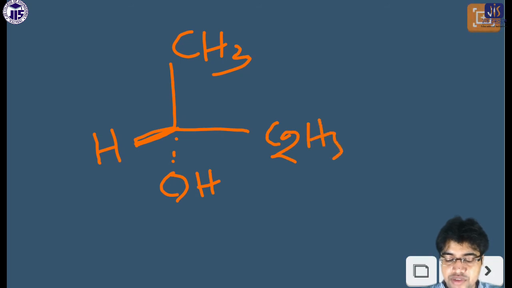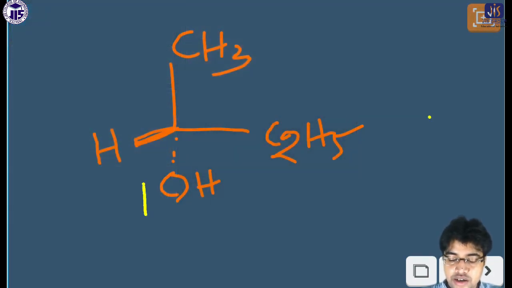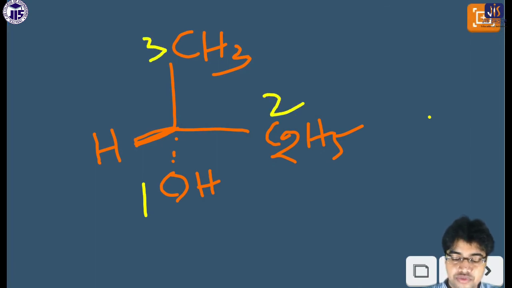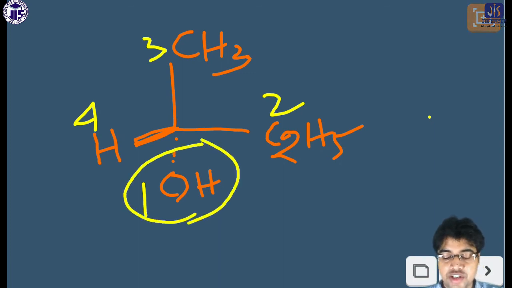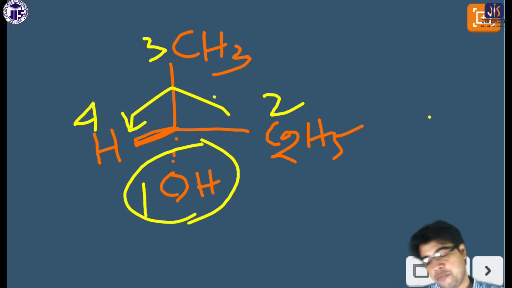First of all, you have to give the priority order over here. It is 1, 2, 3, and 4. In this case, look here, 1 is back, just leave the 1. Show the rotation order of 2, 3, 4. It is anti-clockwise.